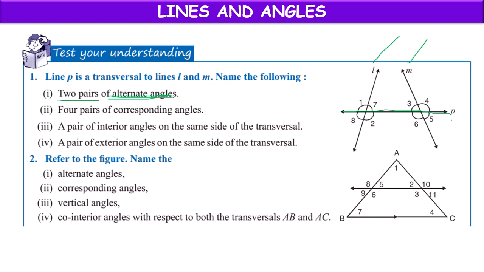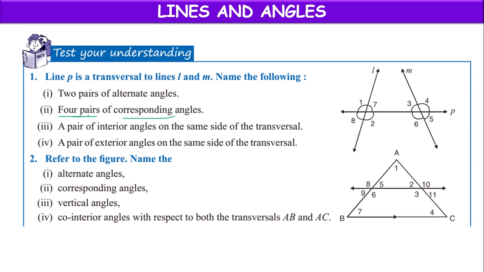This is the transversal. Transversal above in the interior, transversal below in the interior. So angle 6, angle 7 are a pair of alternate angles. In the same way, angle 3, angle 2 are a pair of alternate angles.